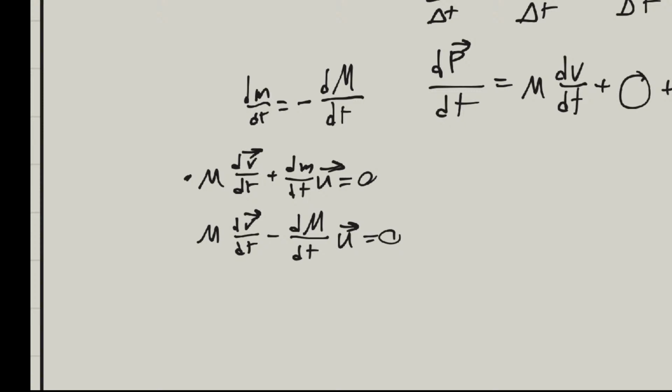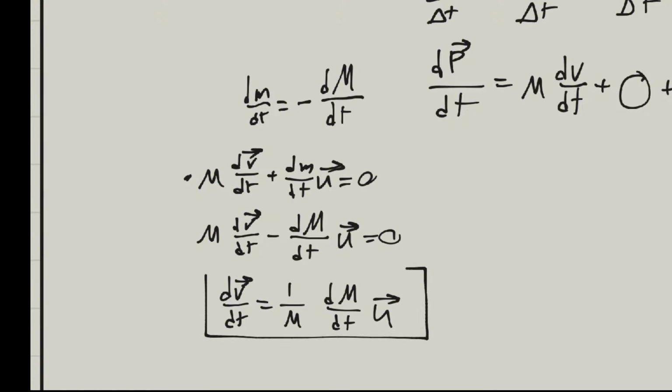And so therefore, we understand that dv over dt equals 1 over m times dM over dt times u. And here we go. This is the acceleration in terms of dm over dt.